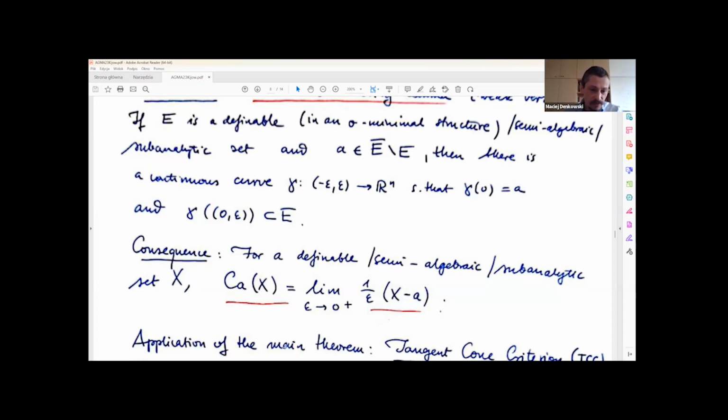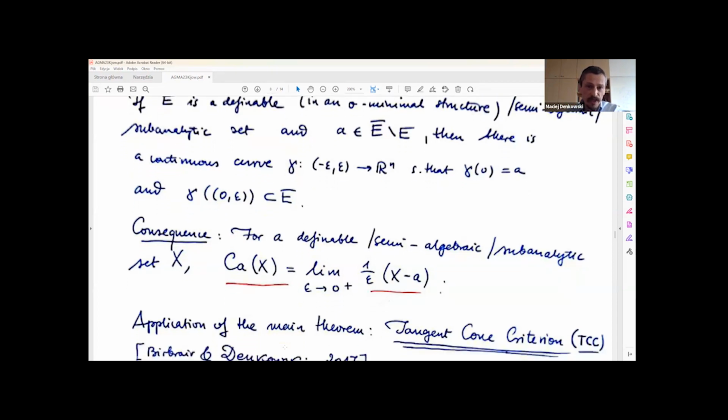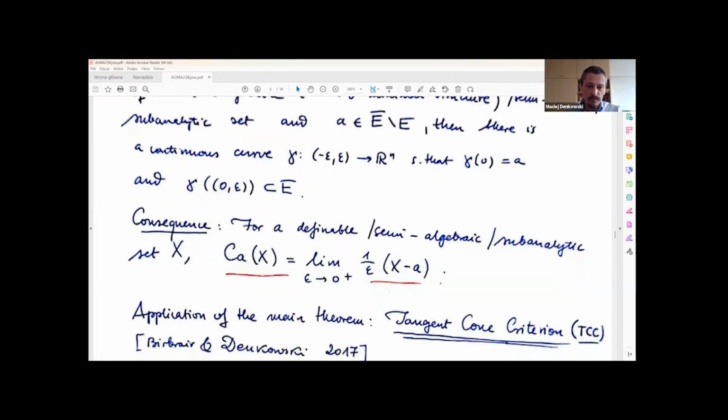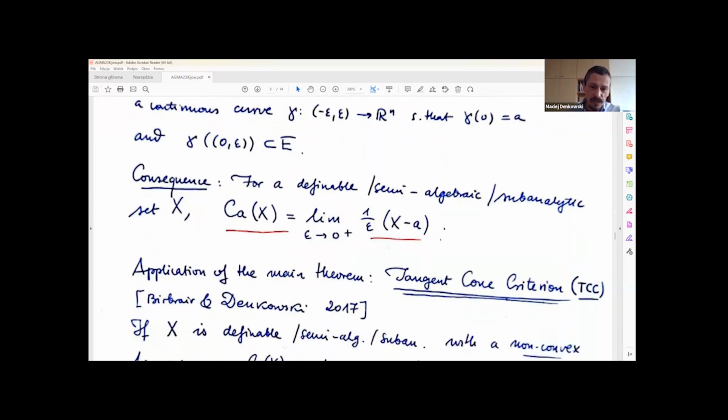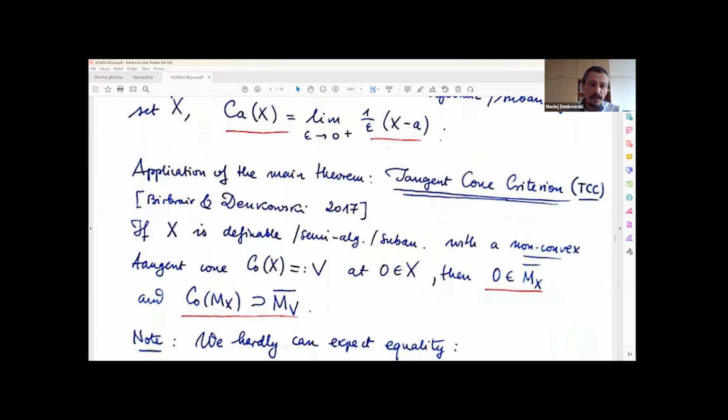So this is a limit, and this observation, which is not true in general but is true in this nice tame geometry setting, makes possible the application of the main theorem to get what we call the tangent cone criterion. And the tangent cone criterion is the following. You take a semi-algebraic set, right?